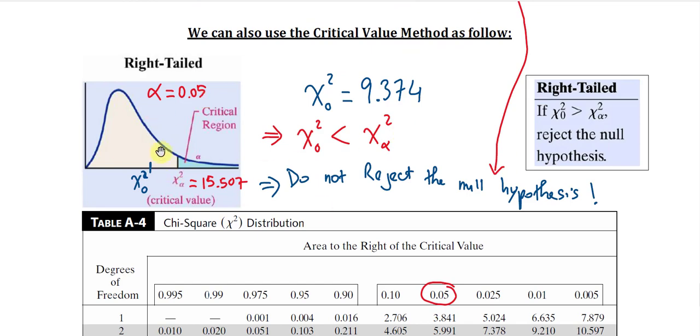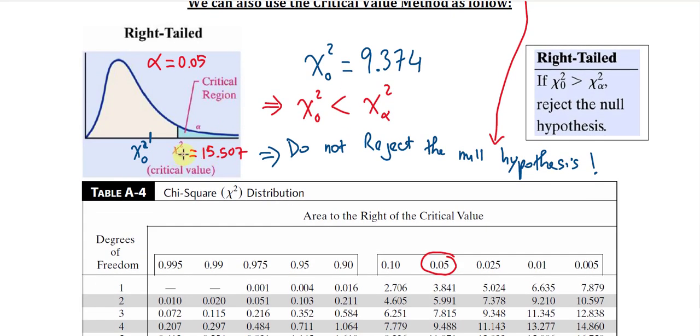For the critical value method, we know that this is the right tail, so I need to find the critical value instead of the p-value. The alpha is 0.05. How do I find the critical value in this case? I was given that the area to the right is 0.05.